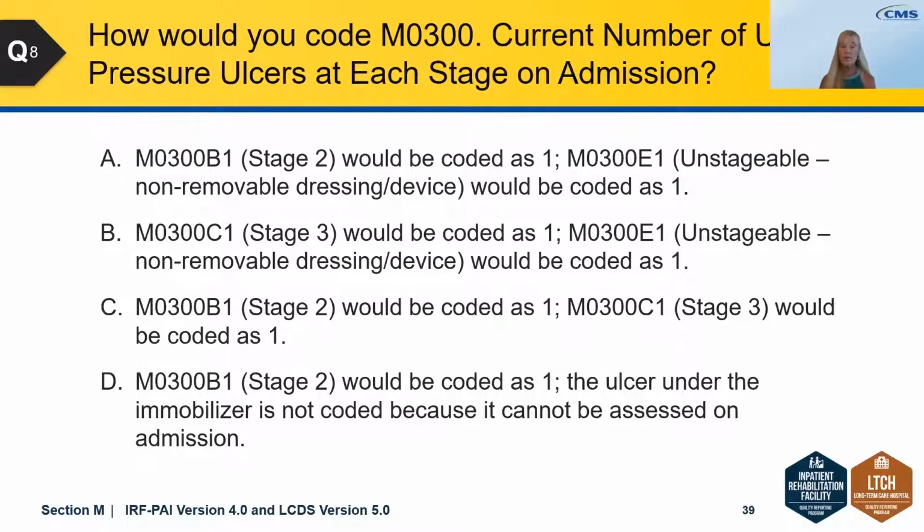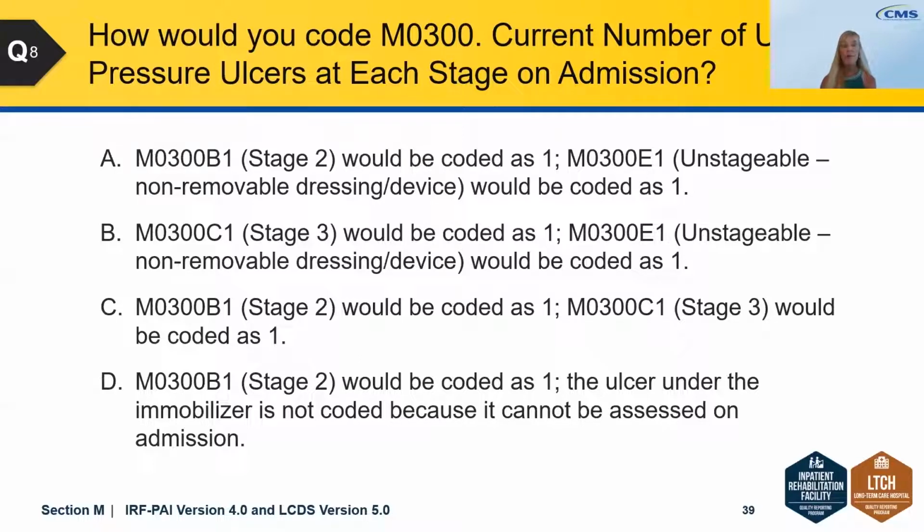Would it be A, MO300B1, stage 2 is coded as a 1, and MO300E1, unstageable due to non-removable dressing or device, would be coded as a 1, or B, MO300C1, stage 3 is coded as a 1, and MO300E1, unstageable due to a non-removable dressing or device, is coded as a 1.